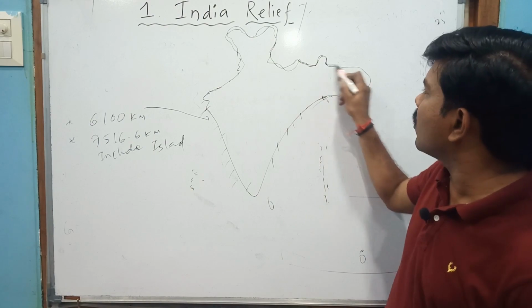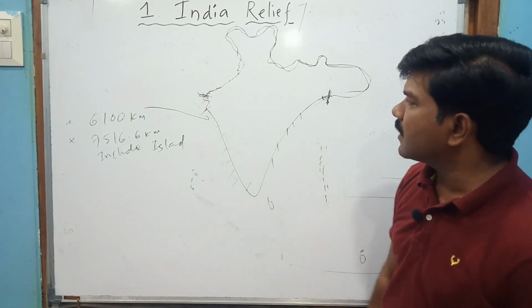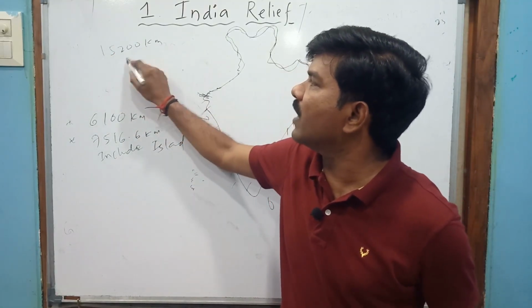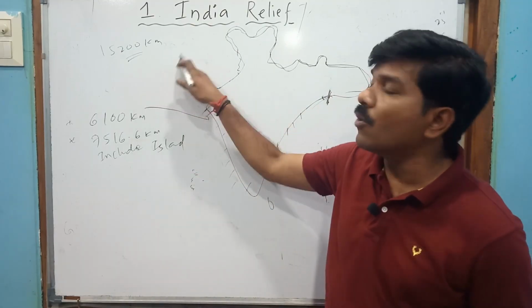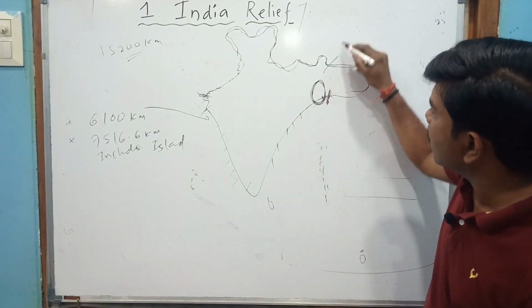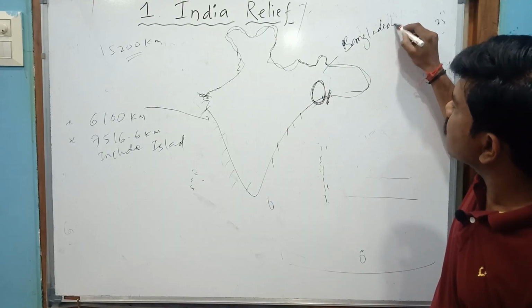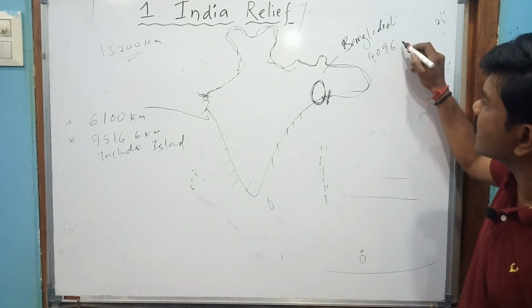Then the international land boundary. From Gujarat to Arunachal Pradesh, we have a 15,200 kilometers international boundary. India shares its maximum boundary with Bangladesh, 4,096 kilometers.